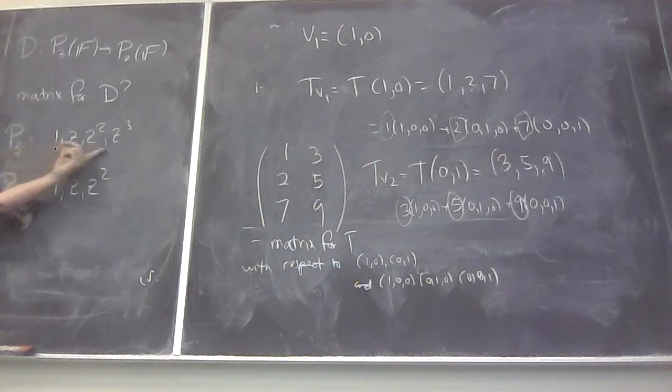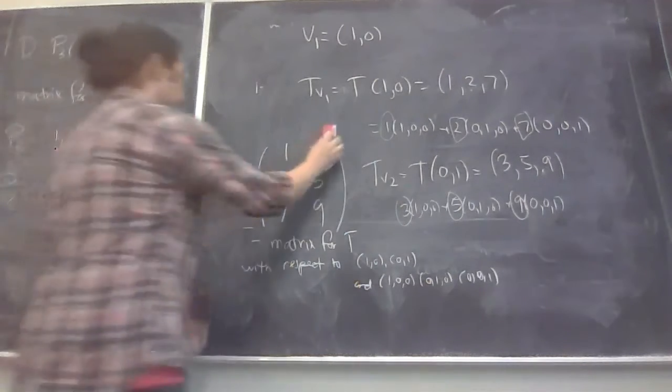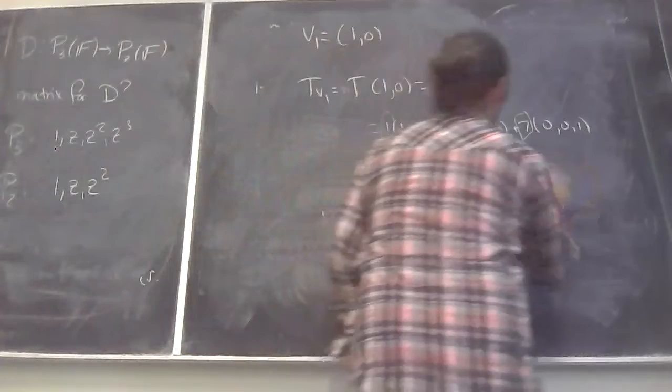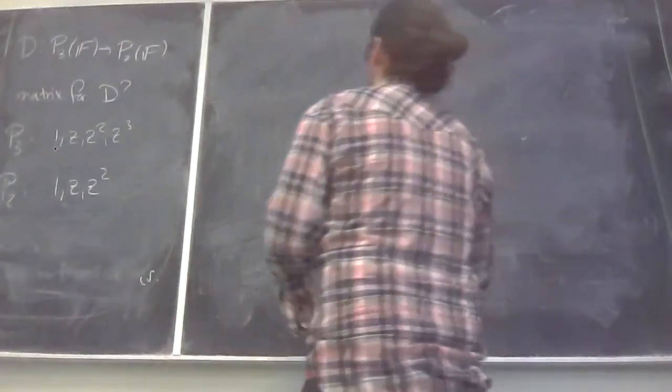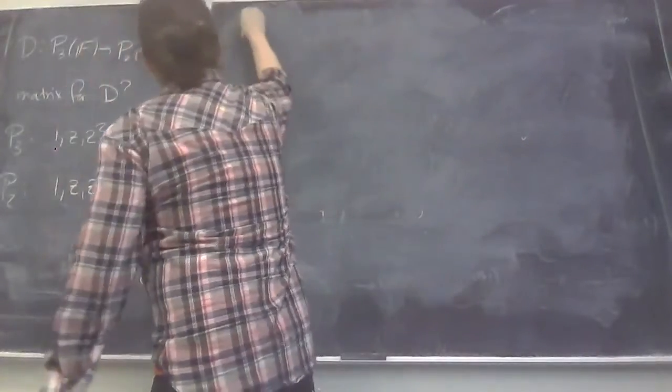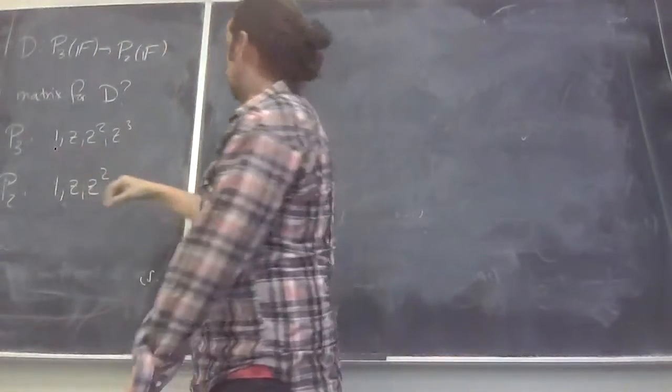Everything in P3 is in the span of these. Everything in P2 is in the span of these, okay? Let's do the same computation. How do I get the matrix that represents this map? Well, I apply D to each basis vector here and see what it does.